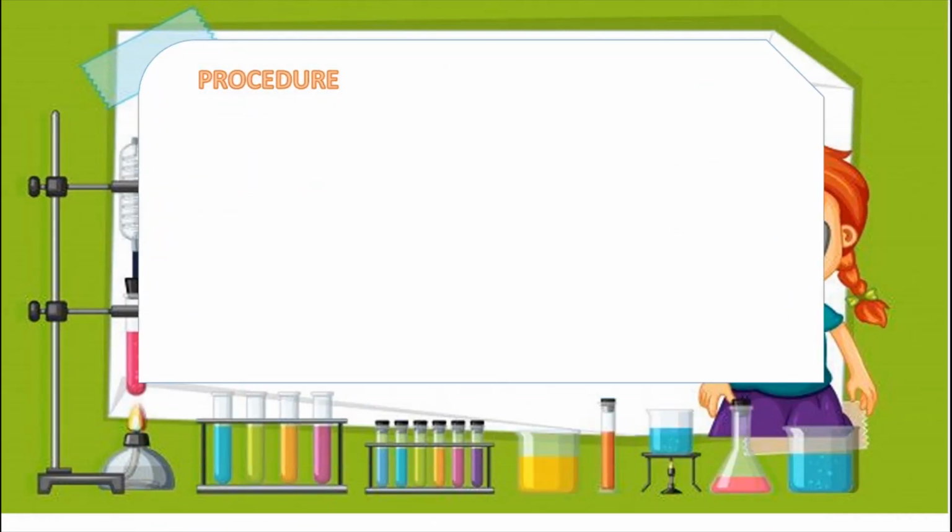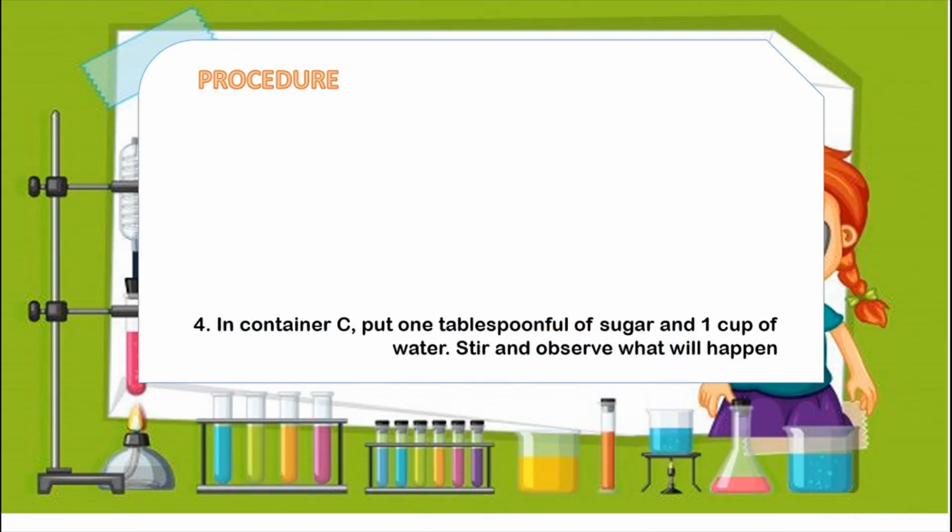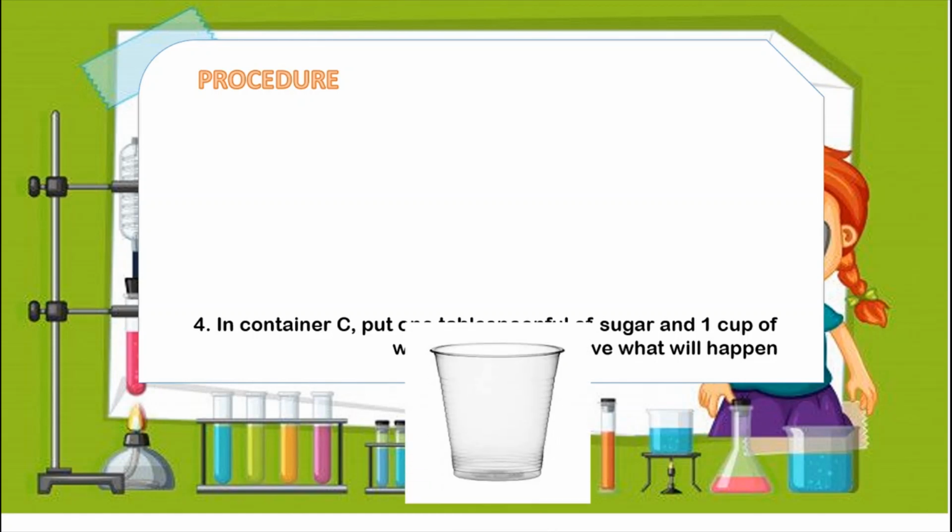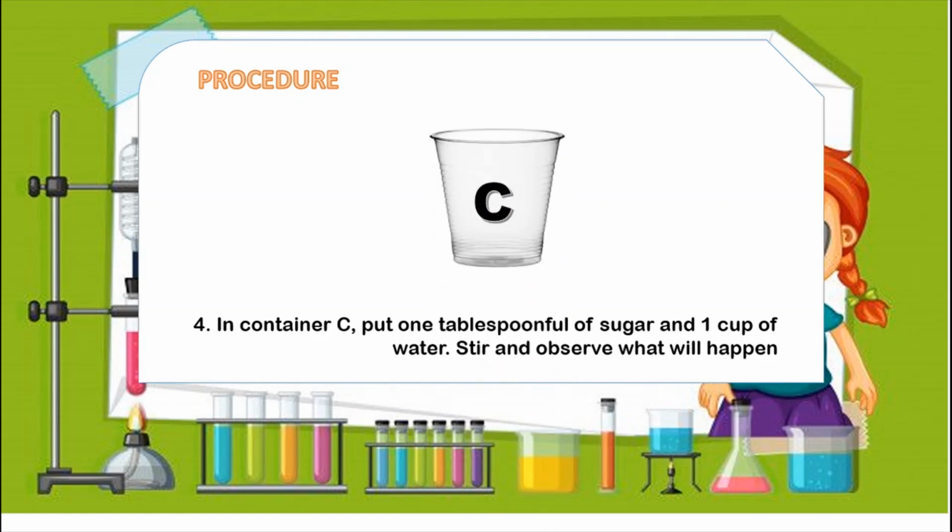Okay, number 4 procedure. In container C, put 1 tablespoonful of sugar and 1 cup of water. Stir and observe what will happen. Okay, sa container C ninyo, butangan ninyo og isa pud ka kutsara nga sugar.